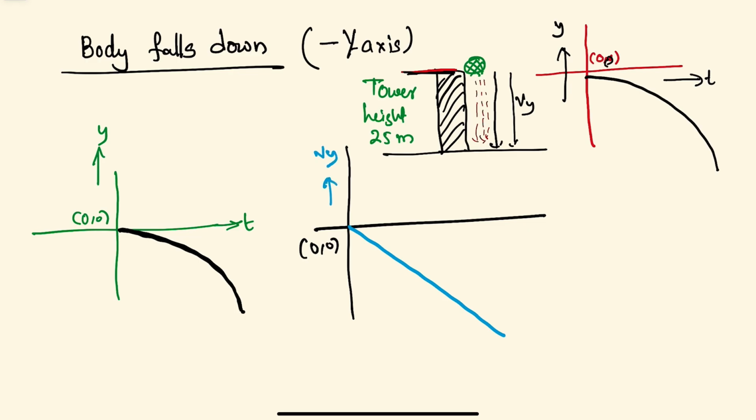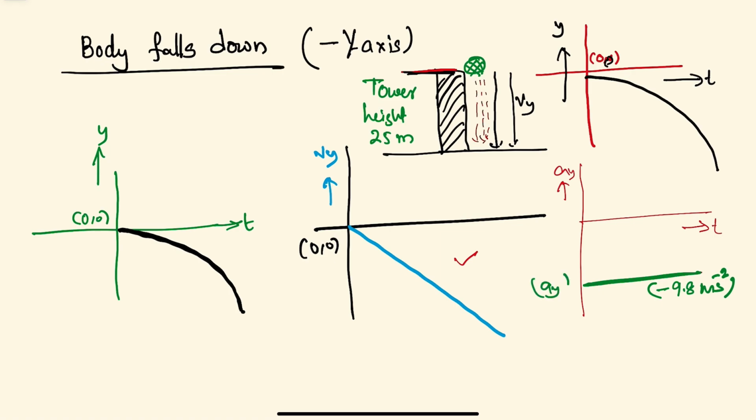Right. Next, the important thing again. Now time t, acceleration. Corresponding to this velocity, the acceleration graph Ay is again a negative constant, which is equivalent to 9.8 meters per second squared.